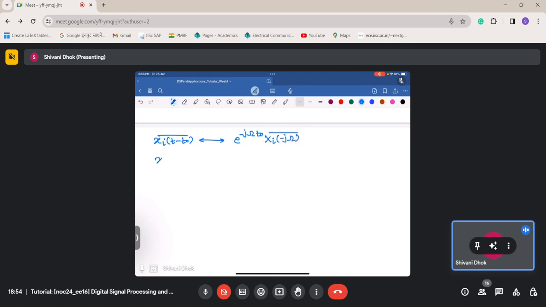And what is this x3 of t? This x3 of t is x1 of t minus t naught conjugate plus x2 of t minus t naught conjugate.